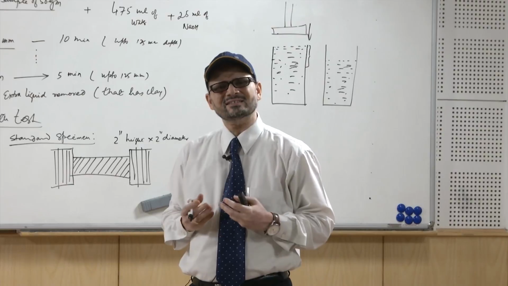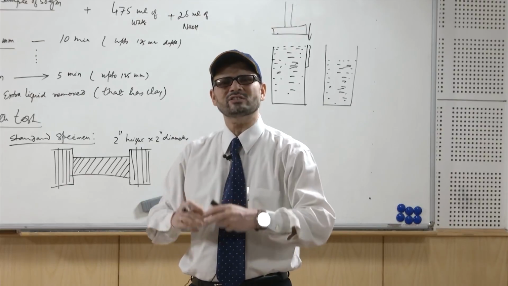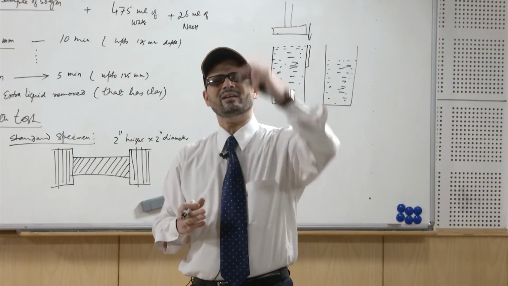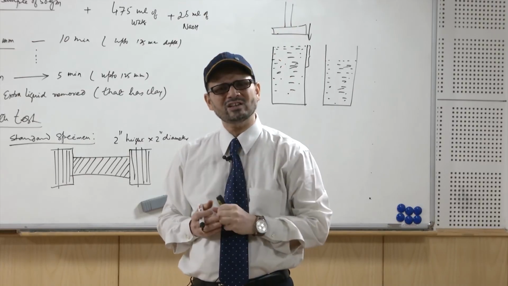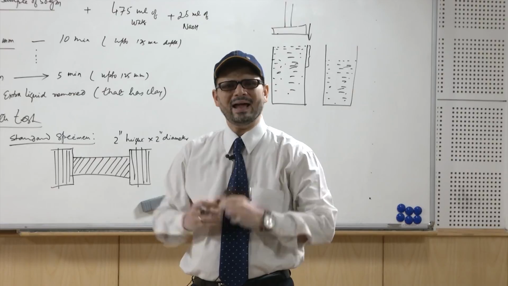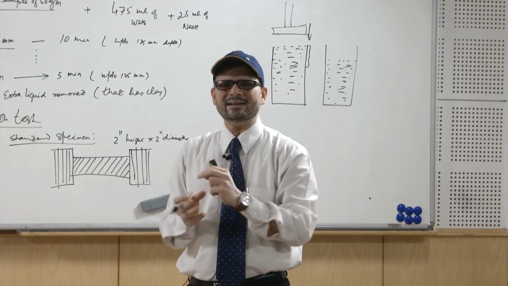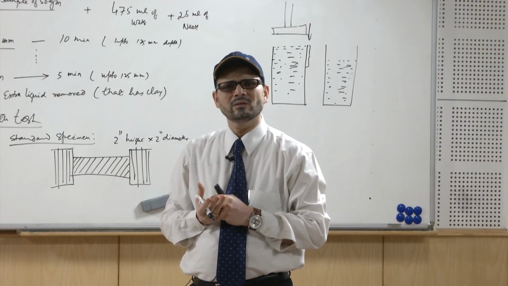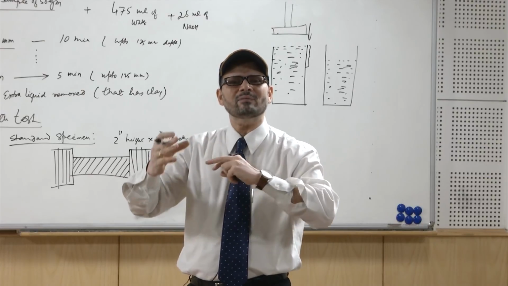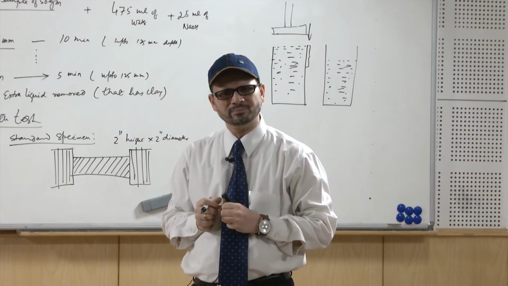There are other tests like the toughness test or the shatter test, where the sand sample is allowed to fall from a certain height on the anvil, and depending upon how much it is shattered, how much is retained on a 12 mesh sieve, you calculate that toughness number or shatter index number.